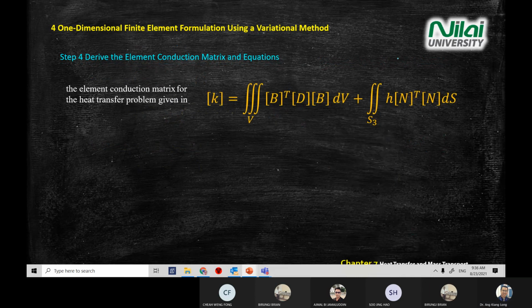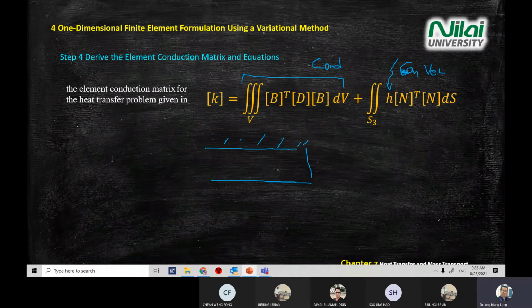Then plus, if you see h, that means convection. The first term is for conduction. If you have convection, you have to add the h term there. Meaning, if you have a conducting rod and you seal it with an insulation layer and it is open to the space here, these surfaces have an h.